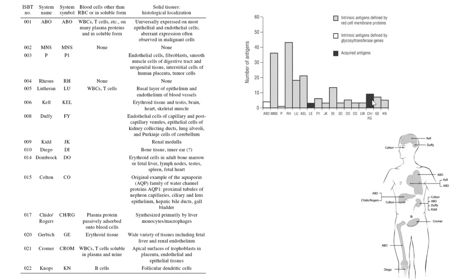And in fact, in the blood bank, antibodies against these structures can be plasma inhibited as a maneuver to melt away that reactivity and to therefore infer what possible systems are at play in the specificity of a given identified antibody. In white here, you could see that there are intrinsic antigens defined by glycosyl transferase genes, and that's simply speaking to the ABO system, which was covered in the first seminar.